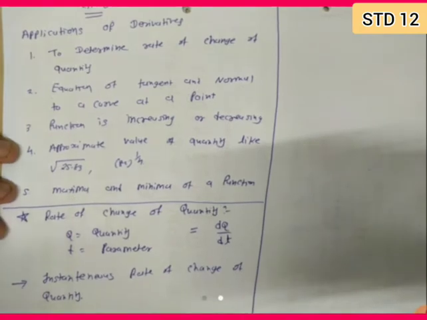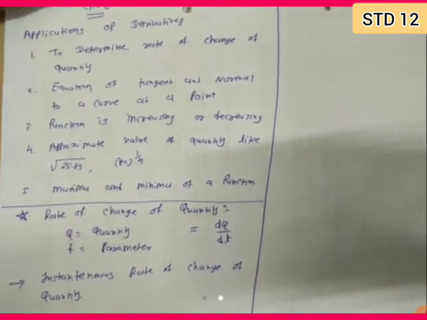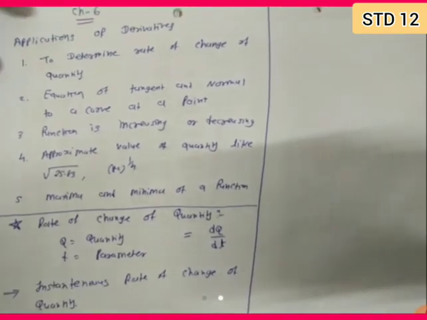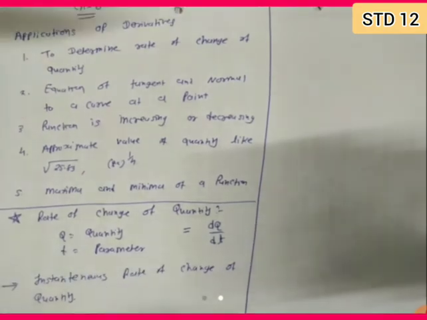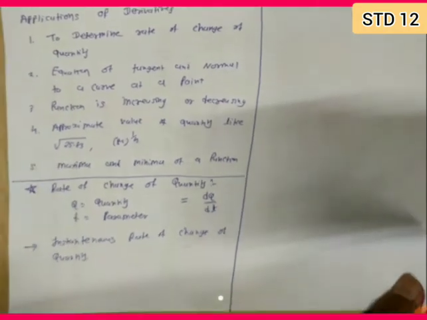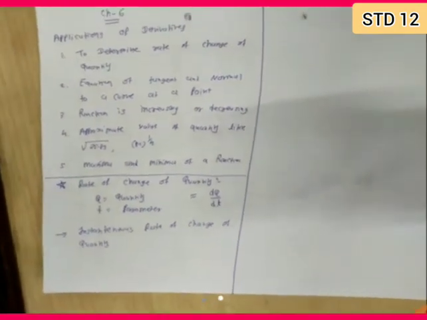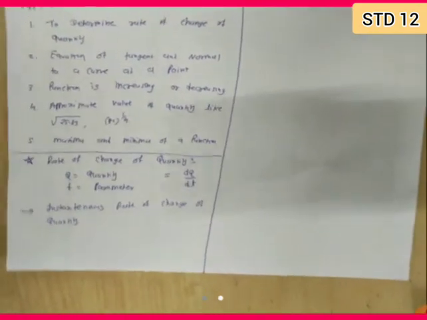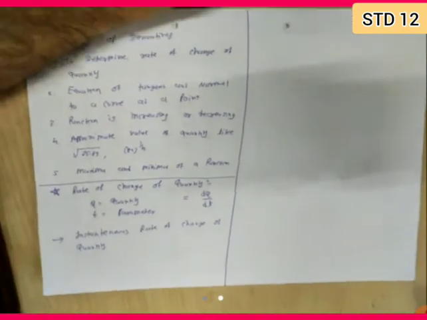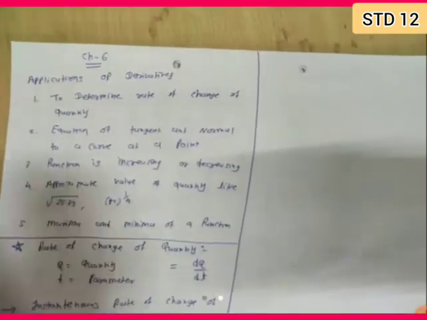So what is this rate of change of quantity with respect to some parameter? For that, let us consider one example. Consider the quantity is area. Suppose the area of a circle is there, and we have to consider the rate of change of area with respect to parameter r.